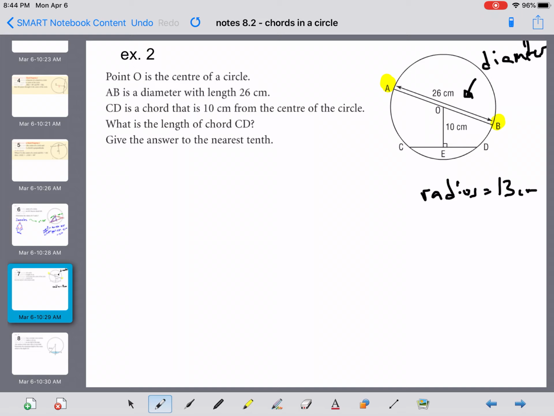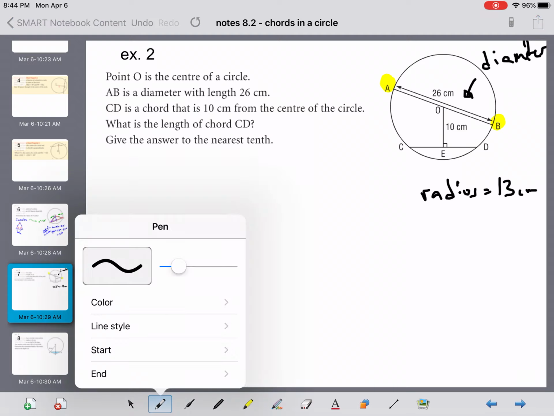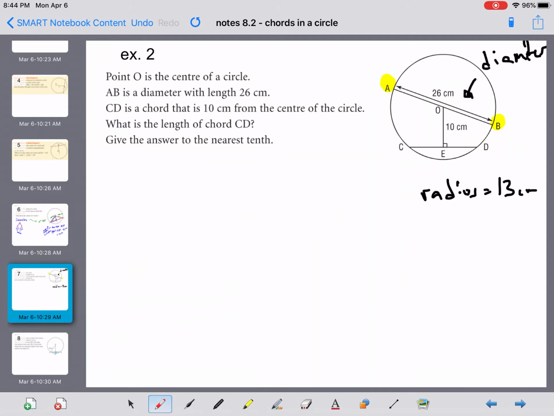Looking a little further, CD is a chord, and it wants me to determine the length of the chord.